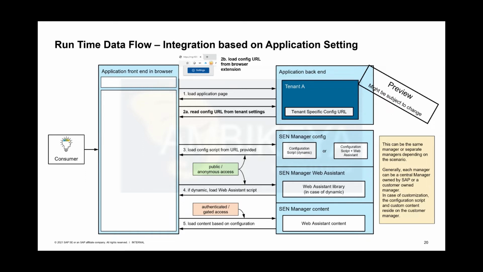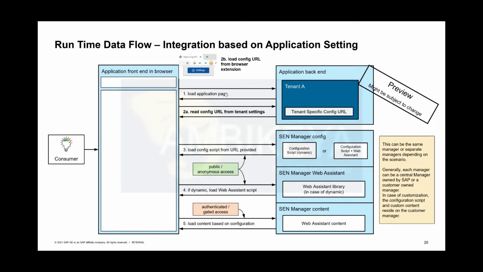Let's assume that is initialized by the consumer's end user's browser. So we have the target application, which is a black box, which is white in my case, so let's call it a white box on the left-hand side, and there is the application backend on the right-hand side. What the consumer does is, I want to start working with that application, so he or she starts the front end within the browser, opening Concur, let's say.